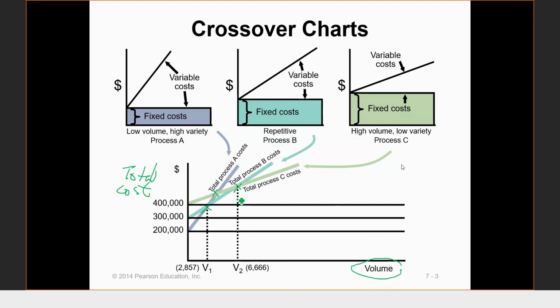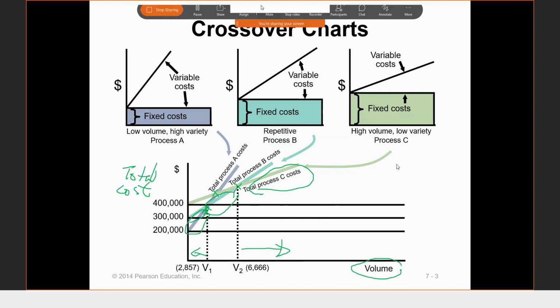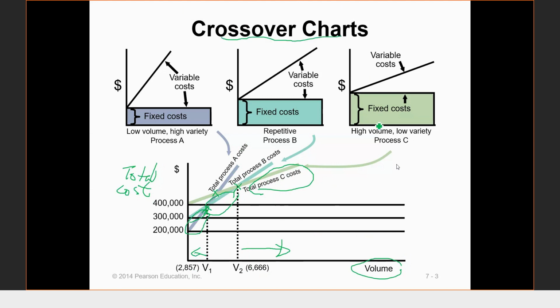Let's say this one, 666, is the break-even between B and C. If you produce more than 666, we should use C. If we produce between 666 and 57, we should select process B. Process A here is referring to this one, the lowest cost if you are producing less than this. So this crossover chart is comparing total cost, where fixed cost and variable cost play an important role.